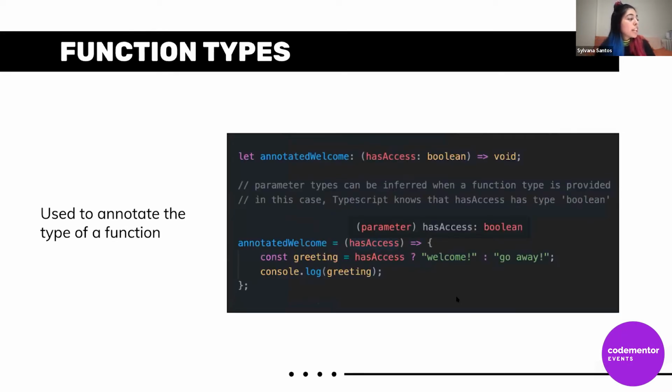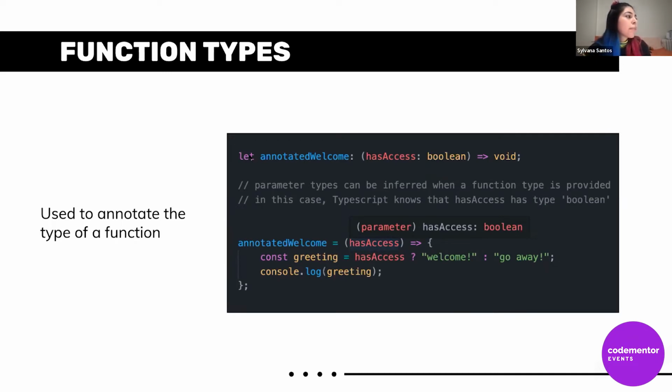Great. So another type that you can use in your type annotations is called function types. And as the name implies, this is the type that you would want to use for a function variable. So for example, if we revisit the example from before, our welcome function, we can give it a function type using this syntax.